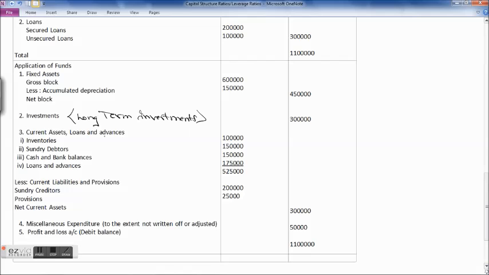Then current assets: inventories 1 lakh, sundry debtors 1,50,000, cash and bank balance 1,50,000, loans and advances 1,75,000, totaling 5,25,000. Less current liabilities of 2,25,000, the net current asset comes to 3 lakh rupees. Miscellaneous expenditure not written off is 50,000. The total application of fund comes to 11 lakh.